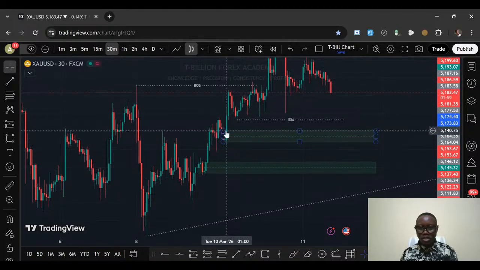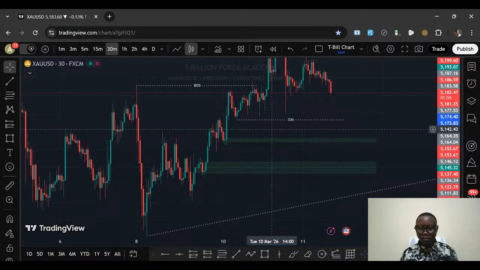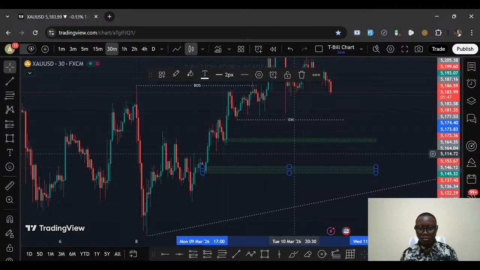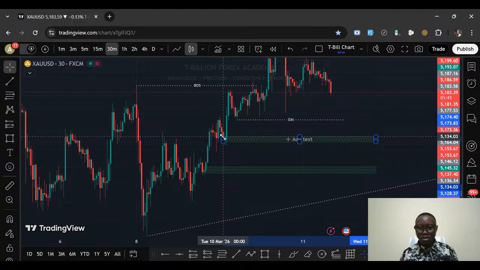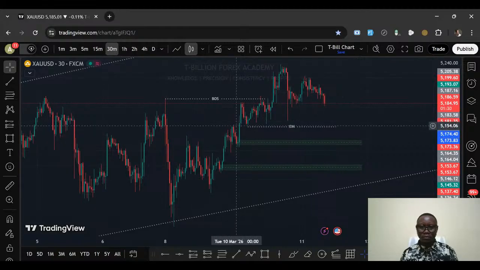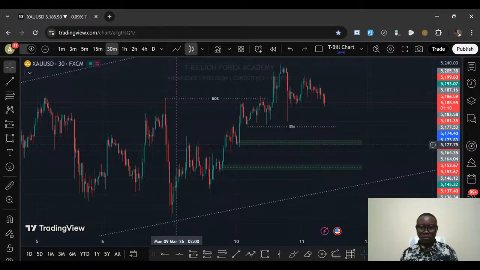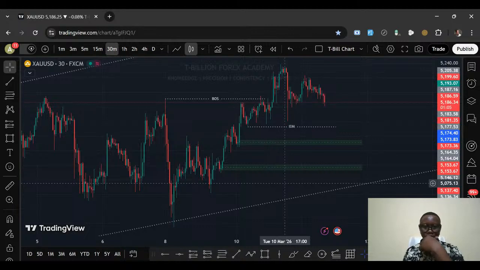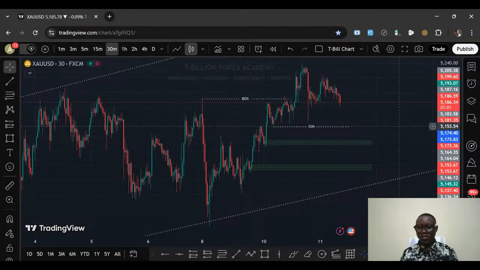So we can refine this further to this order block right here, and this to this order block right here. Okay, so this is it basically.